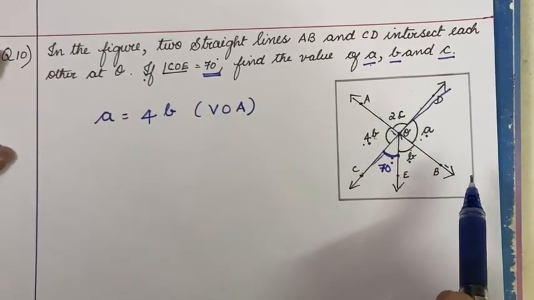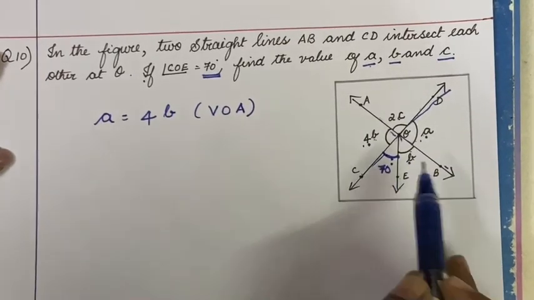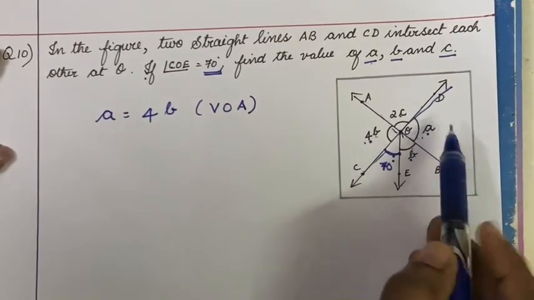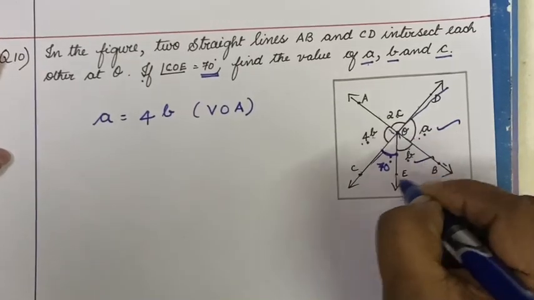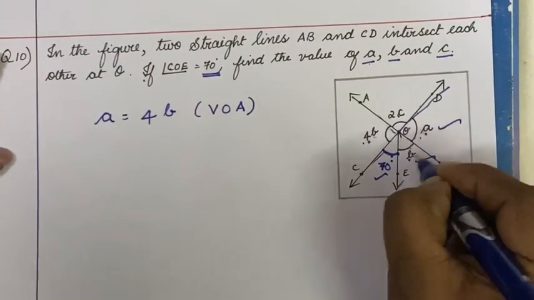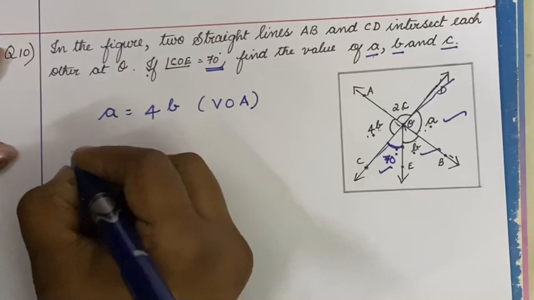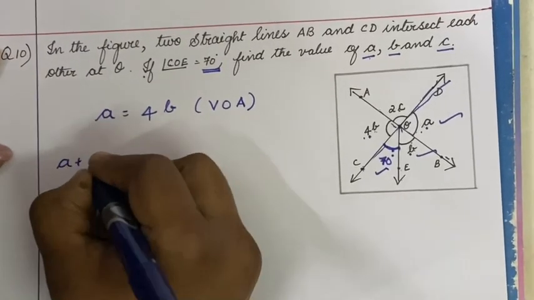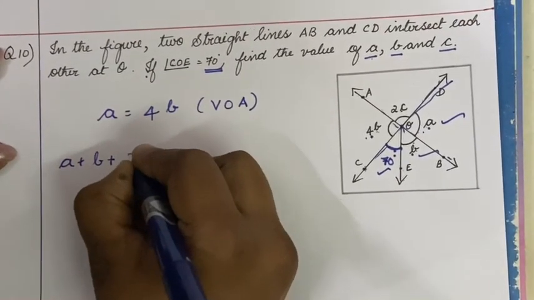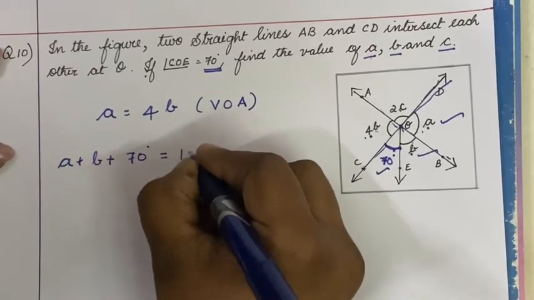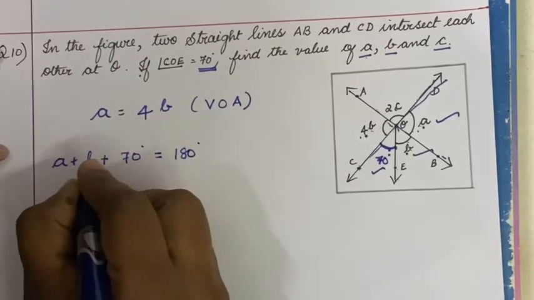Now what else can I do? Something with the 70 degrees, only then I can solve. Looking at this, A, B and 70 degrees form a straight line. So let me write that: A plus B plus 70 degrees is equal to 180 degrees. But when two variables are there, how am I going to solve?